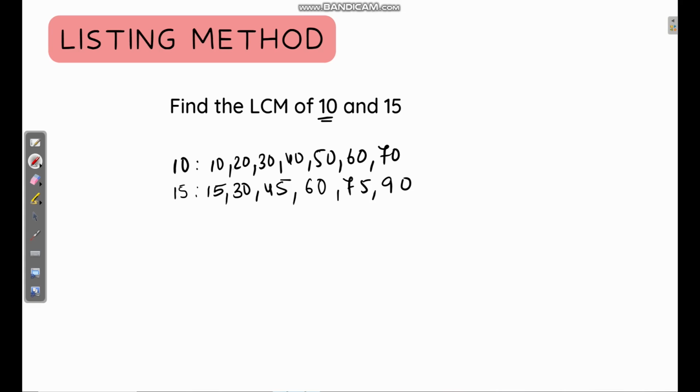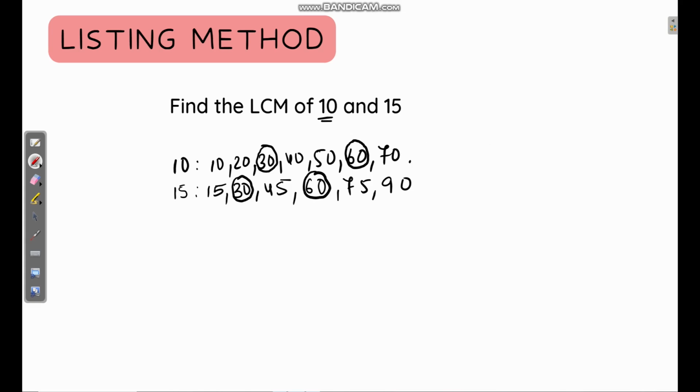So let's see which numbers are common. I can see that 30 is common. Then the next common number will be its double, 30 doubled is 60, so 60 will be common. You add 30 to this number, and that will be the common one.